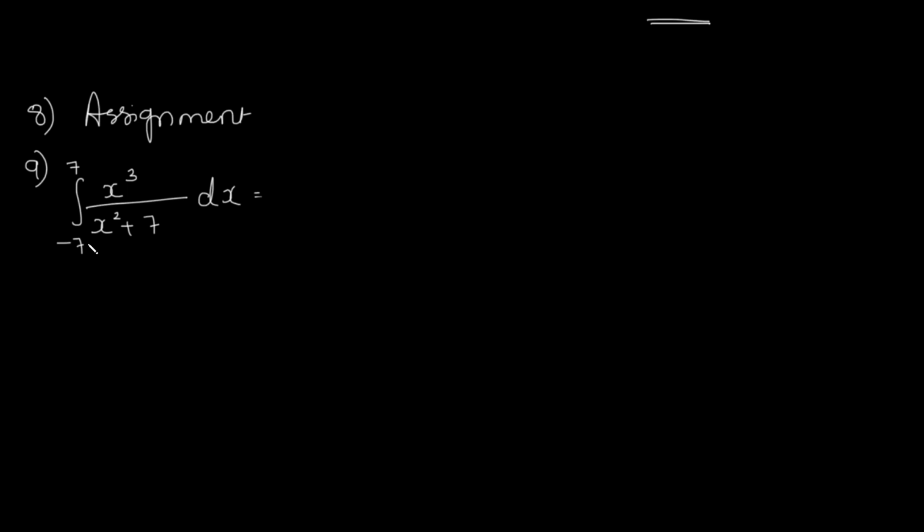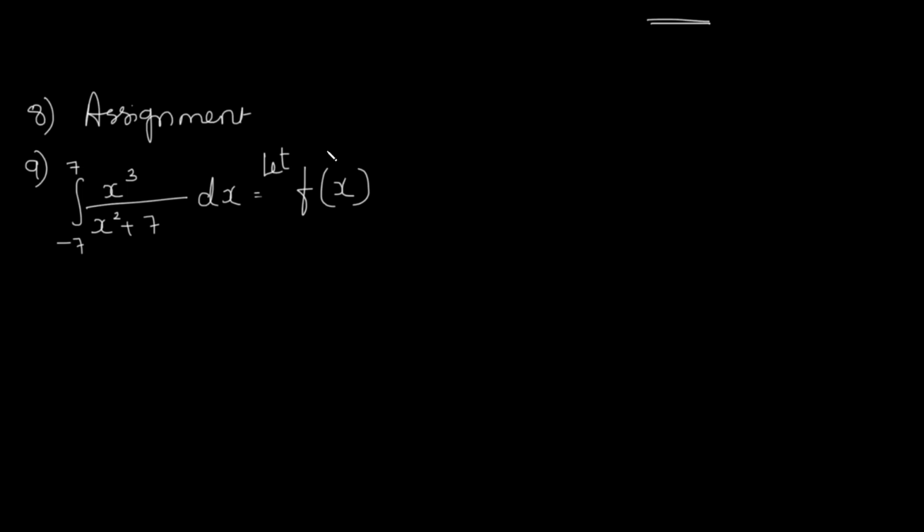The question is integral minus 7 to 7 x cube upon x square plus 7 dx is equal to dash. We have to find the answer. Now in this case, according to one of our properties, when we see the limits as minus 7 to 7, we can check whether the function is an even function or an odd function. I hope you remember those sums which we had done, wherein we write f(x).